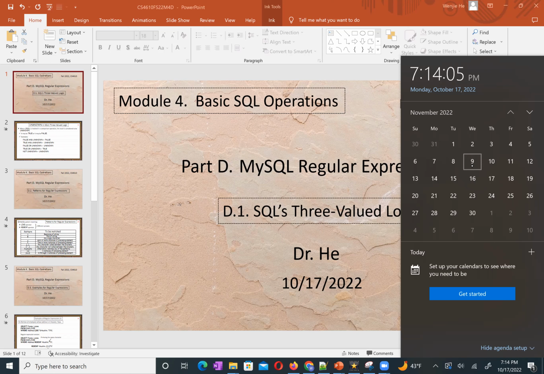You make an appointment with the test center to complete this midterm. For those who have a schedule conflict, you can make that arrangement. That's our update for the midterm dates.